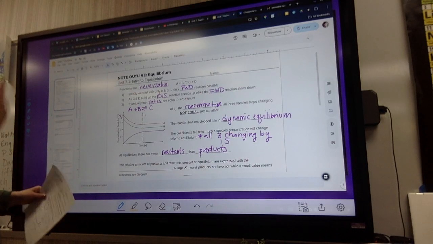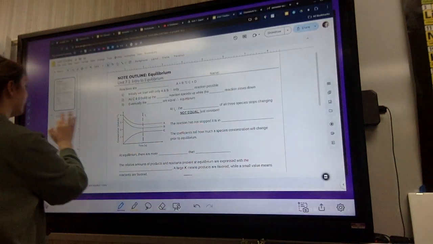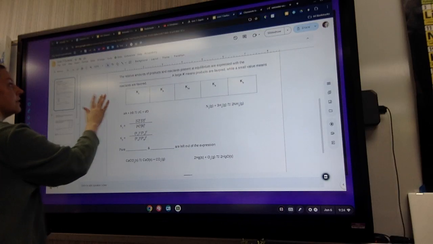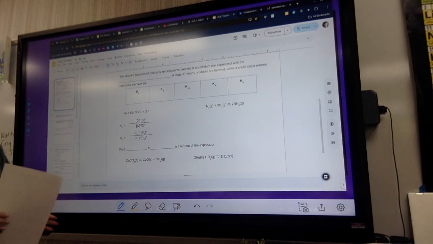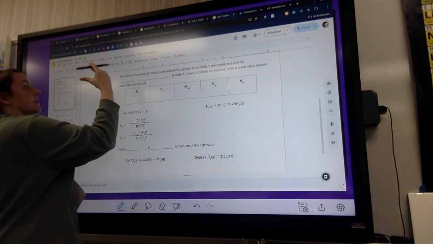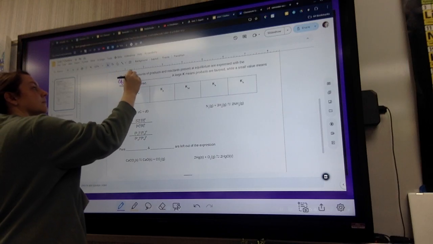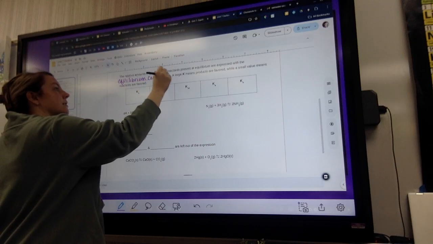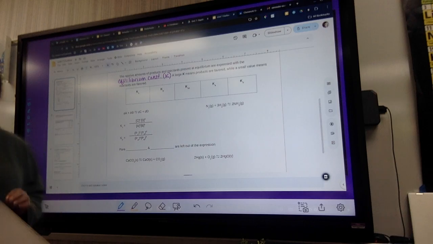So that brings us into equilibrium constants, which is the main point of this unit. The relative amounts of products and reactants present at equilibrium are expressed with the equilibrium constant, which is K. It's just a ratio, which means there's no unit.